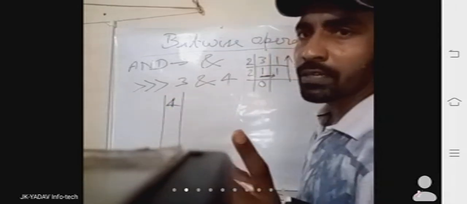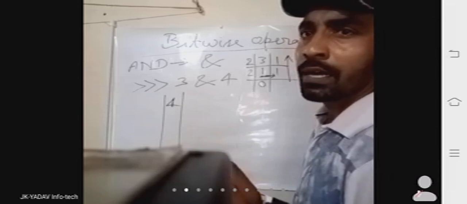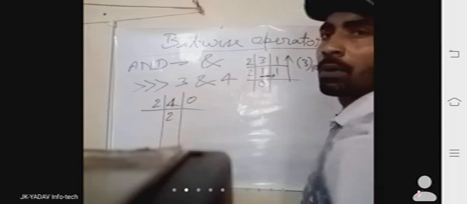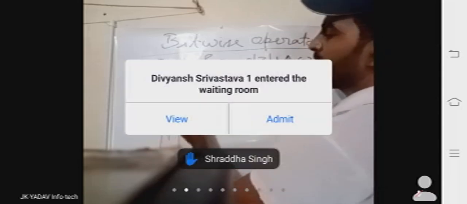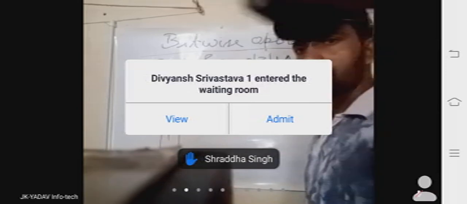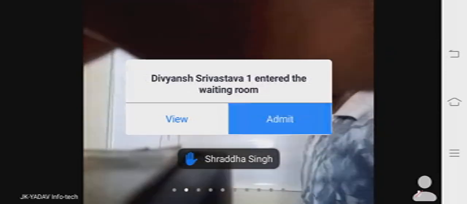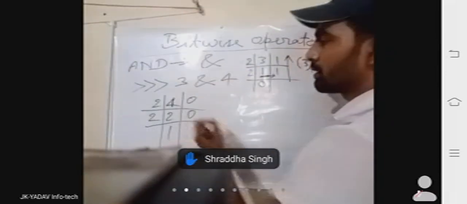Kindly listen to me. If you find the binary of 4, again divide 4 by 2. 2 2s are 4, remainder left 0. Then again 2 1s are 2, remainder left 0. Then again 2 zeros are 0, remainder left 1.